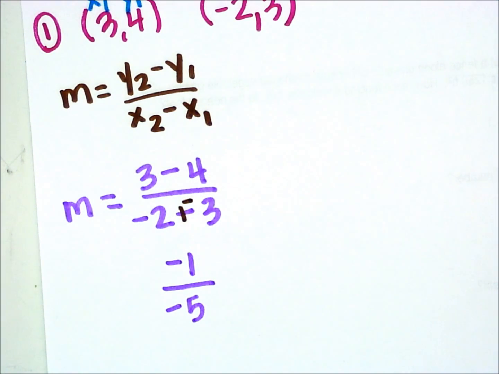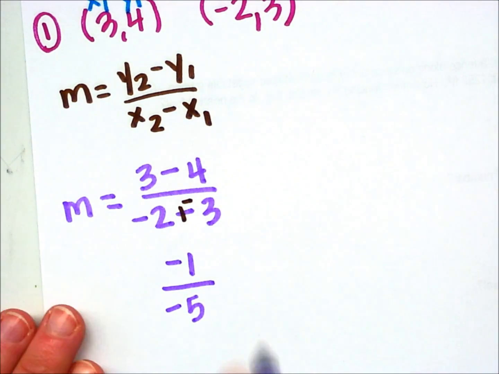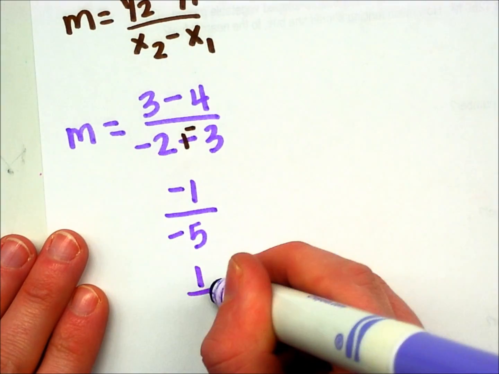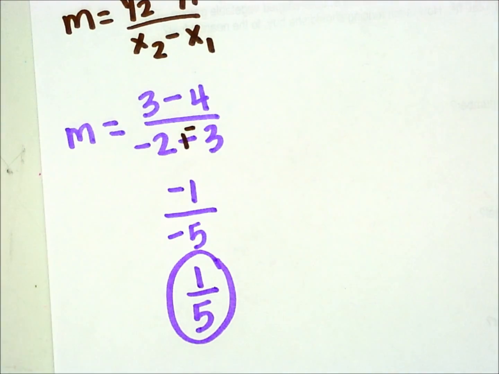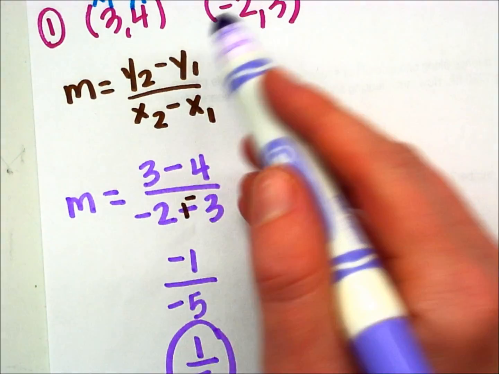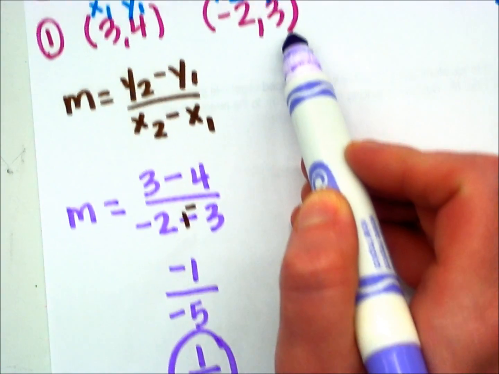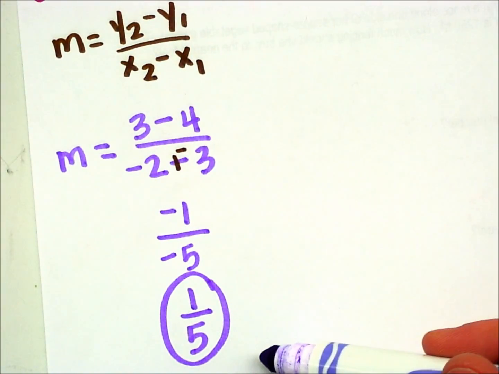So I have a slope of negative 1 over negative 5. Remember that a negative divided by a negative is a positive. So this is the same as 1/5. So the slope of a line that goes through the points 3, 4 and negative 2, 3 is going to be 1/5.